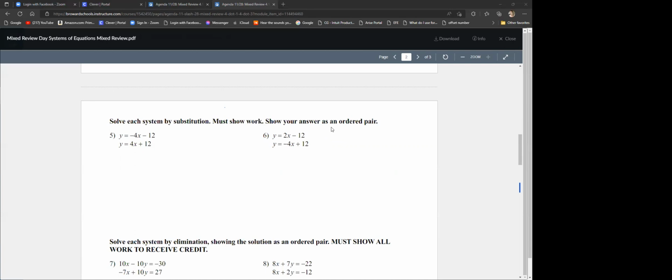How will we do it? Remember, substitution is kind of like this: a equals b. Do we need to make one of them x equals something? No, that'll be even more work. Look, we already have y equals on the first one and y equals on the second one. So what are we going to do? Did you write down number 5?